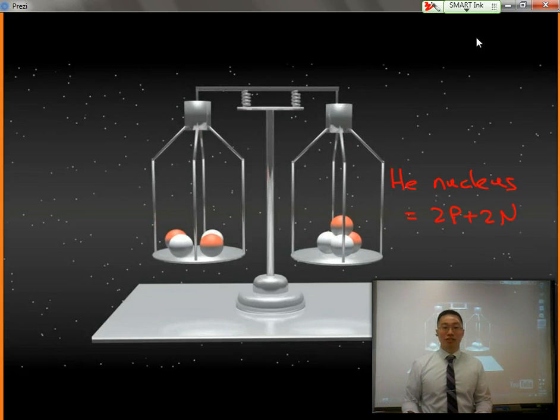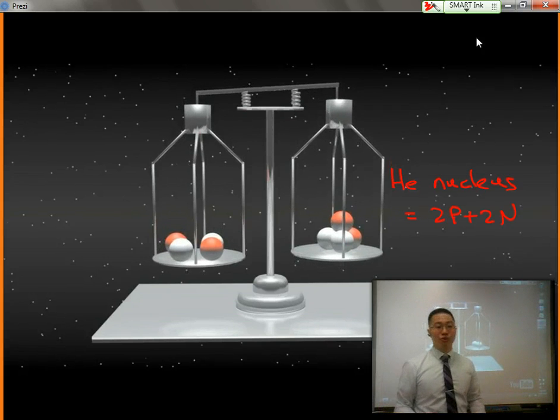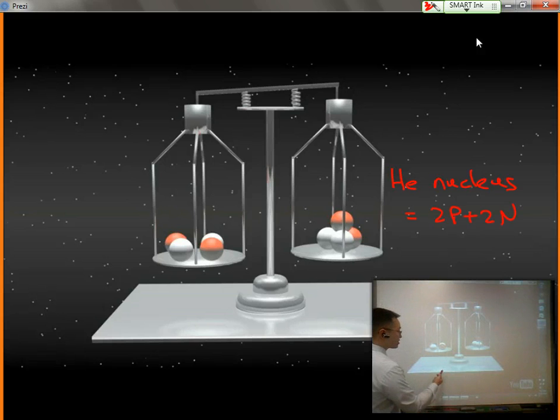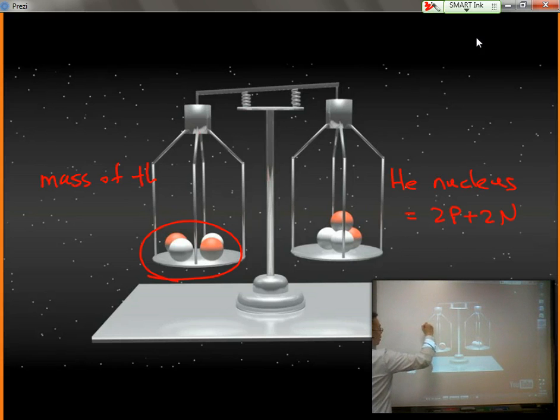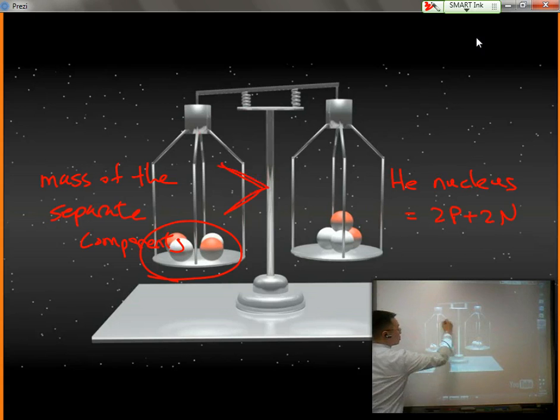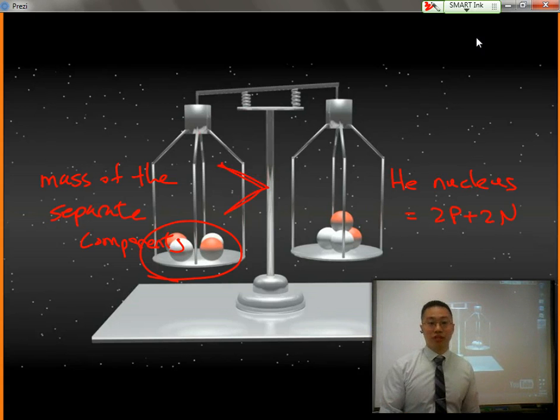But they didn't. In fact, what usually happened was that the mass of the separate components was greater than the mass of the helium nucleus itself.